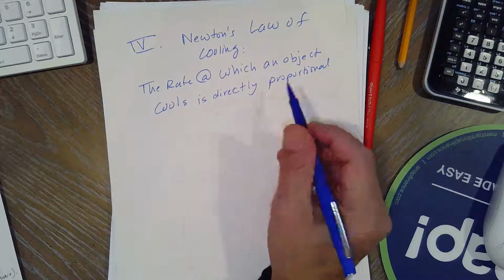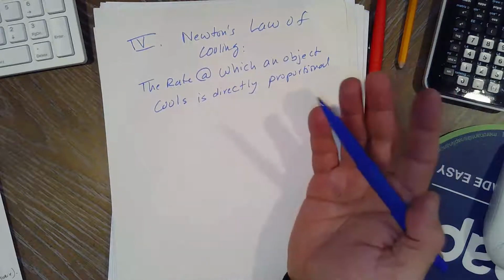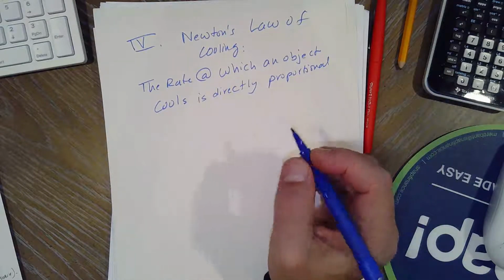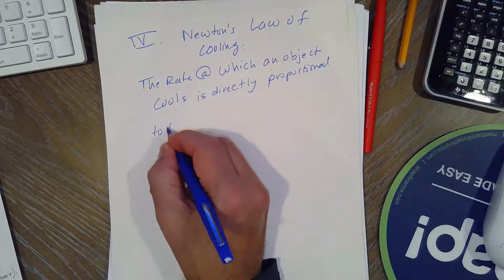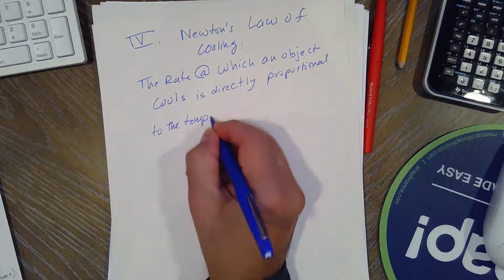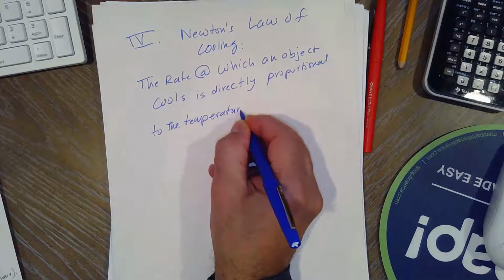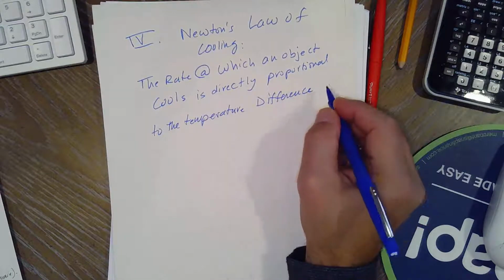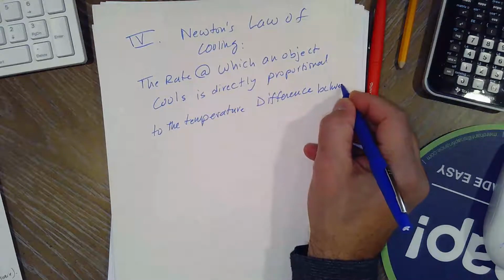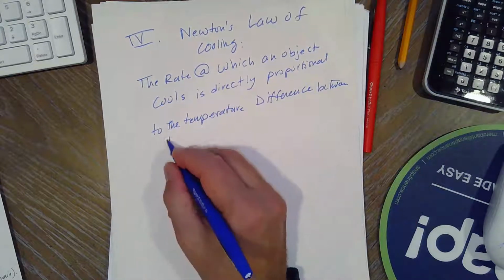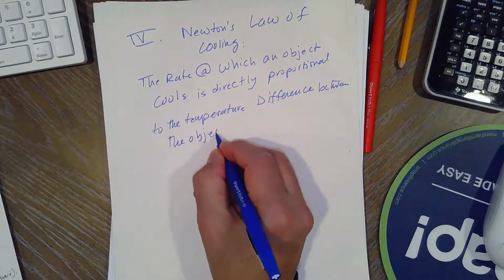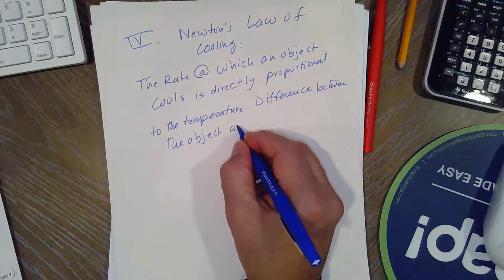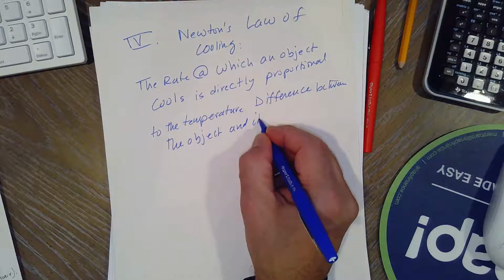Okay, so the rate at which an object cools, that pot, is directly proportional to the temperature difference between the object, the pot, and its surrounding. Could be the room temperature.